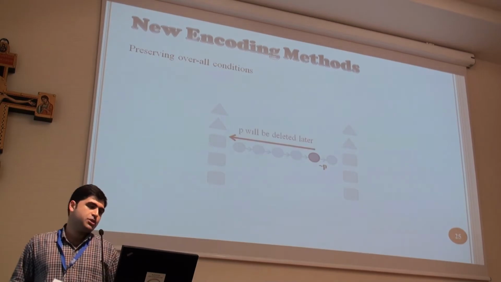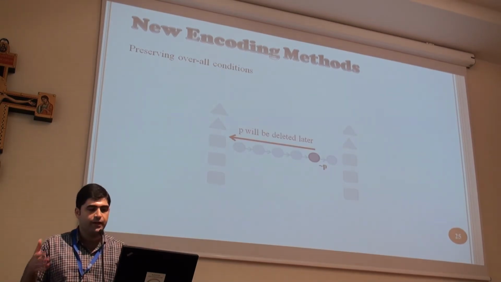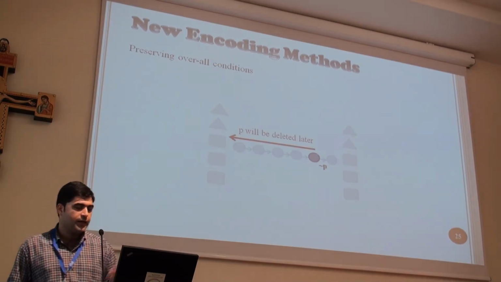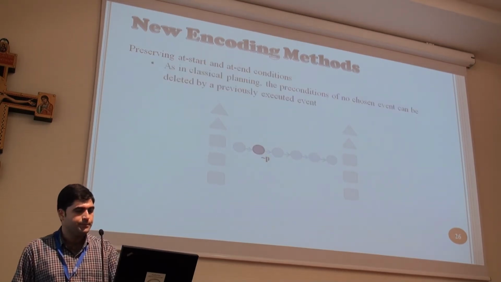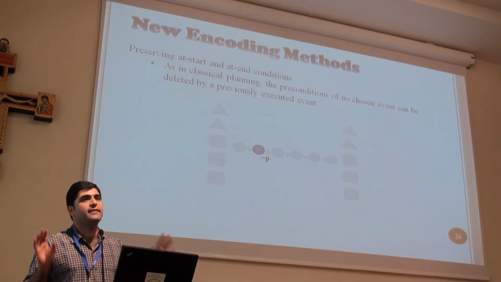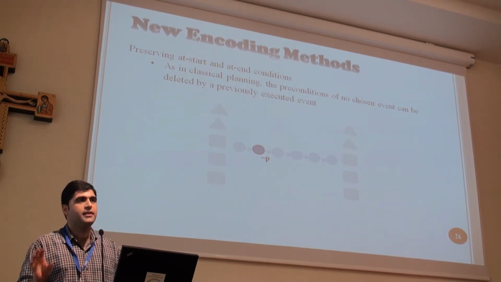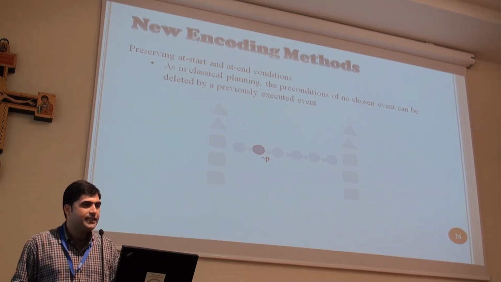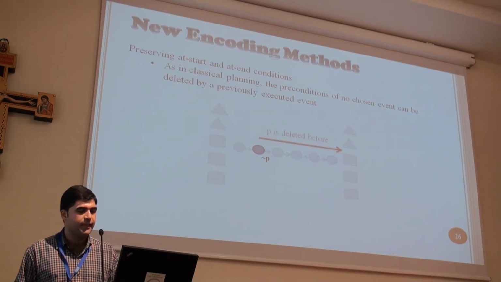And the same message goes backward. The discussion is very analogous to what I gave, and we also need to preserve the start and end conditions of an action. In classical planning, it's done by sending a message.